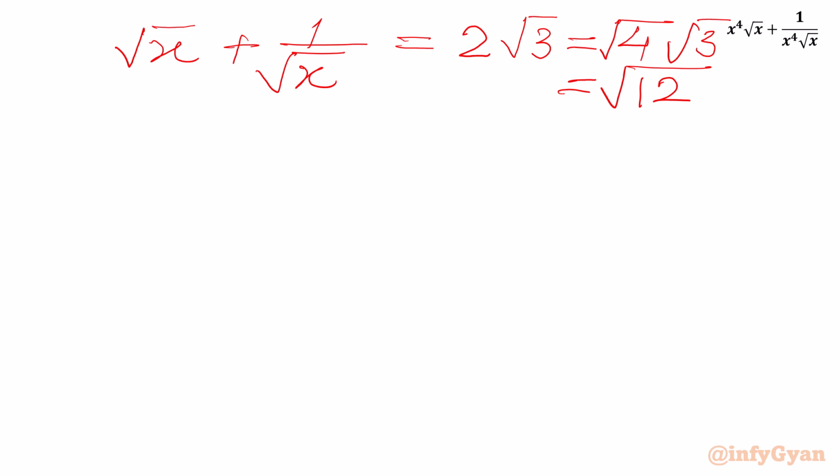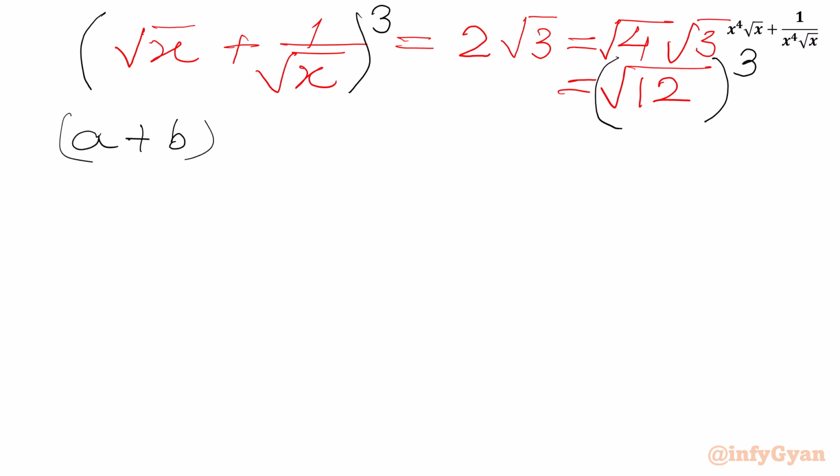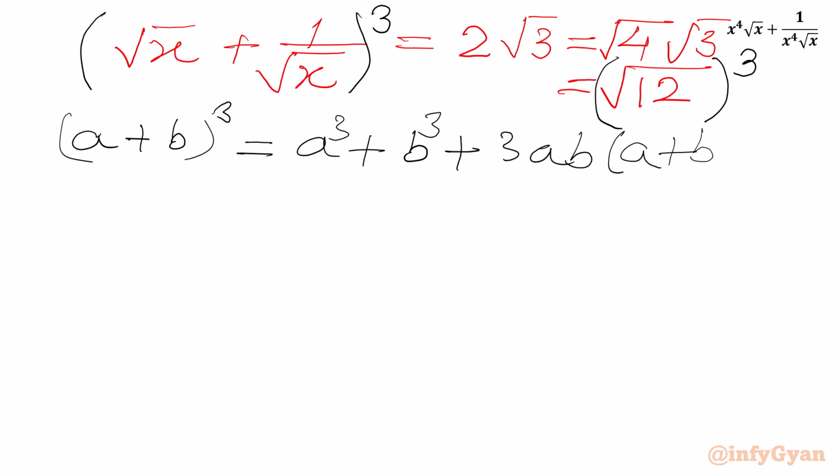Now we can consider cubing here. Let's consider power 3 on both sides. So I will write here the a plus b whole cube formula first. As per the formula, we will write a cube plus b cube plus thrice ab times a plus b.